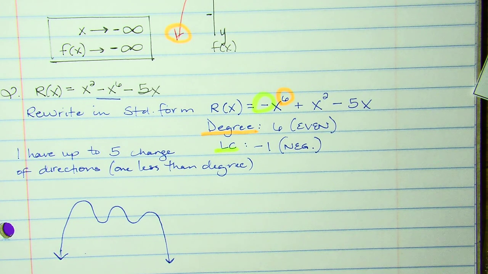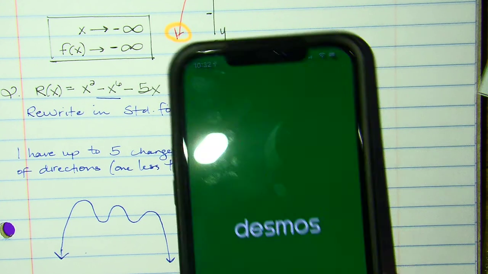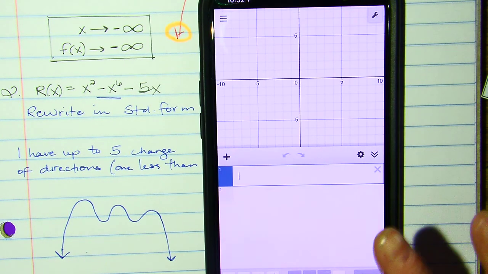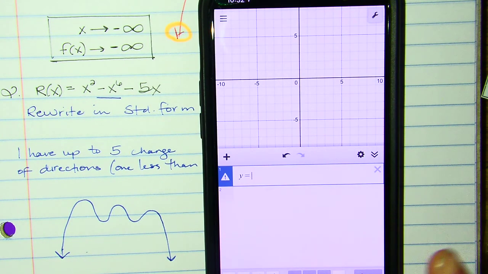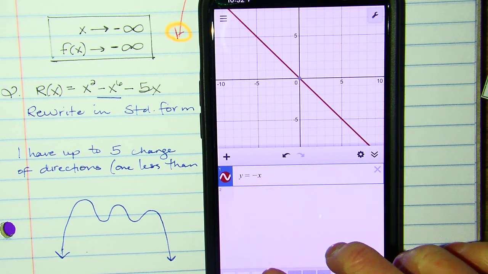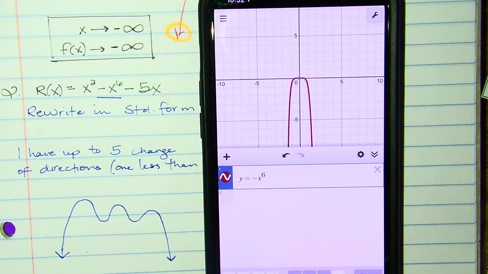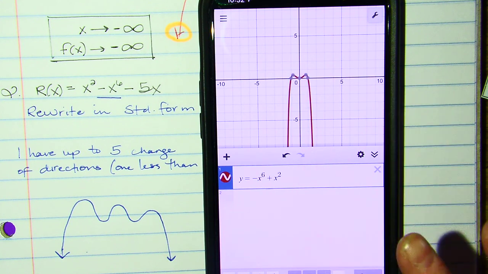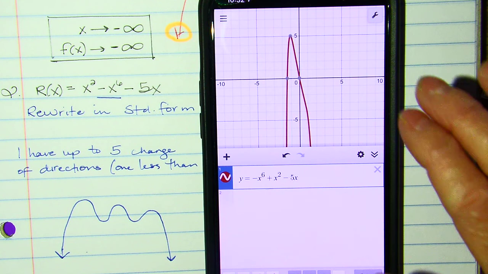You do have this availability. And I dimmed this so you could actually see it. I don't know why I didn't think of that earlier. Y equals, we've got a negative x to the sixth plus x squared minus 5x.